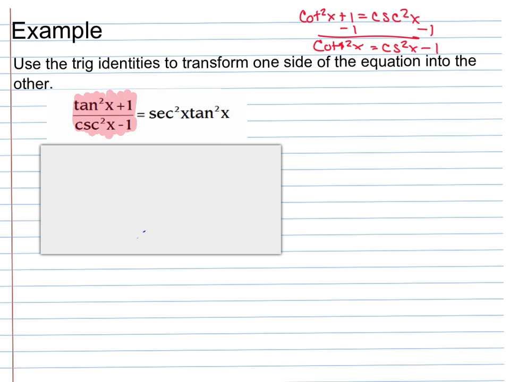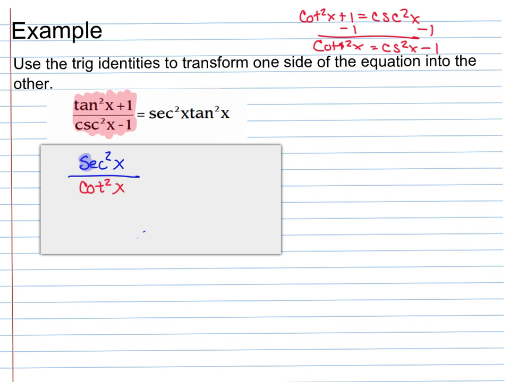I know that tangent squared x plus 1 is equal to secant squared x. I know that cosecant squared x minus 1 is equal to cotangent squared x. And again, that is from our trig identities that are in the worksheet and that we just went over really quick. So hopefully you have your trig identity worksheet in front of you so you can really see it.